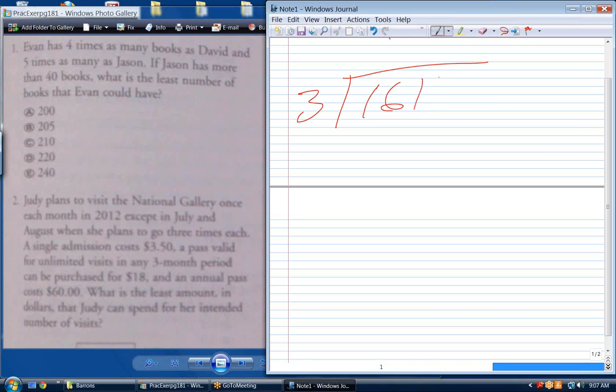Or 3 has to go into 1611 evenly. 4 and 5, those are the key ones to know. How to quickly figure out whether a number is divisible by 2, 3, 4, or 5.